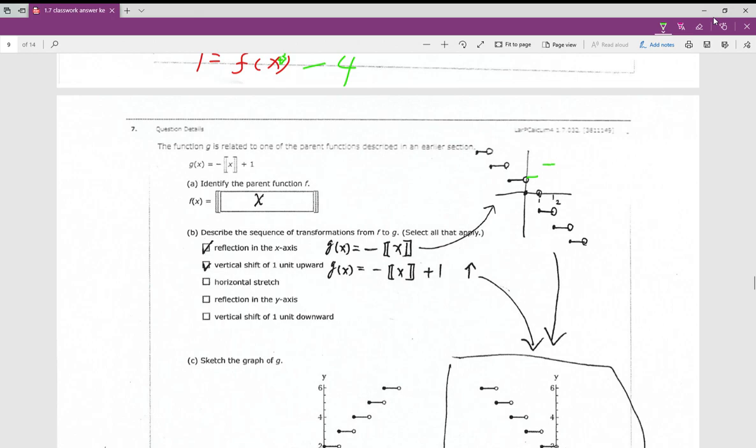That's the original graph, right? And when it's upside down, because of the negative y value, that's the original y equals x. So upside down. And then plus 1. Everything shifts up 1 step. So that's the new graph.